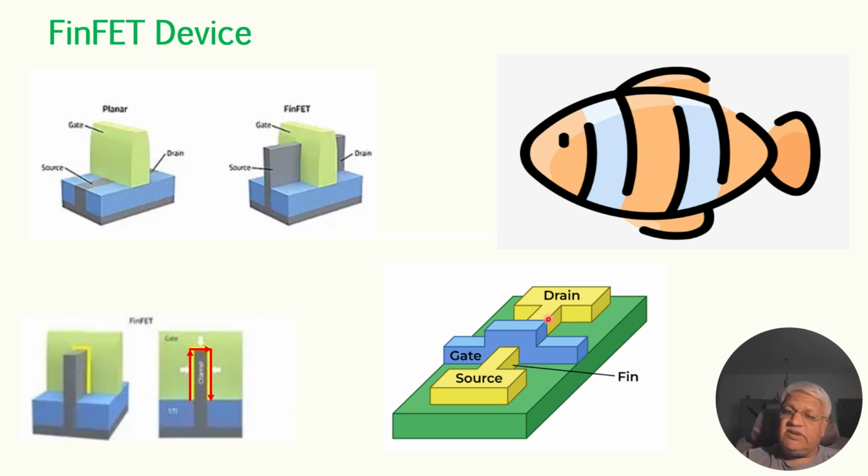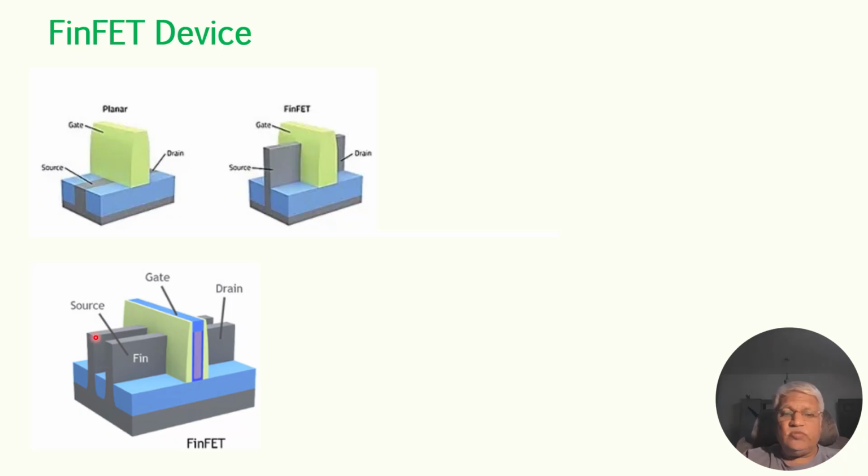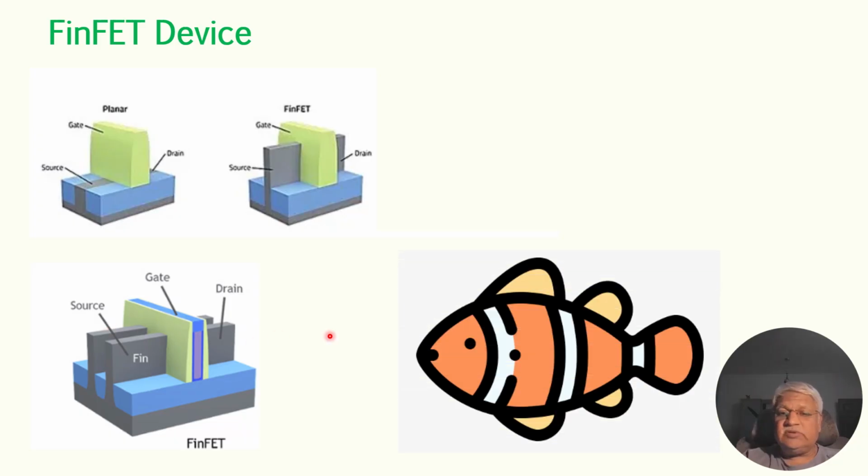This part of the fin is connected to the drain part, and the region in between is the channel, which is controlled on three sides. And in the case of two fins, there are two fins here, and this is source, this is also source, that one drain, this one is also drain. So the gate is controlling two fins here, which is similar to this one.